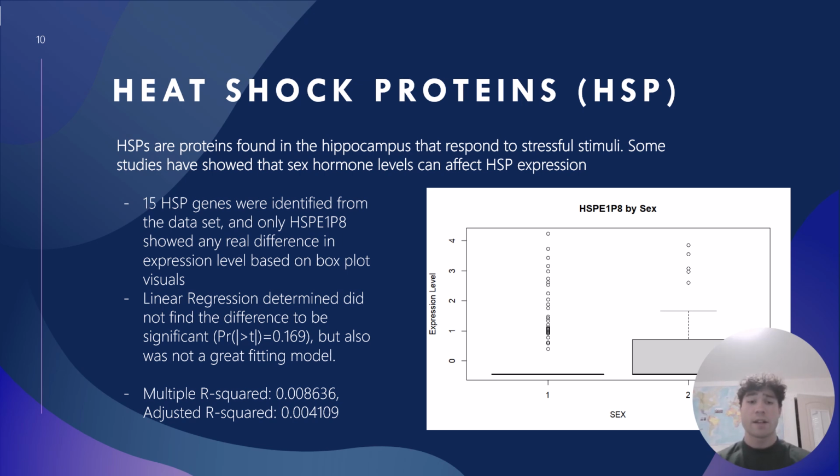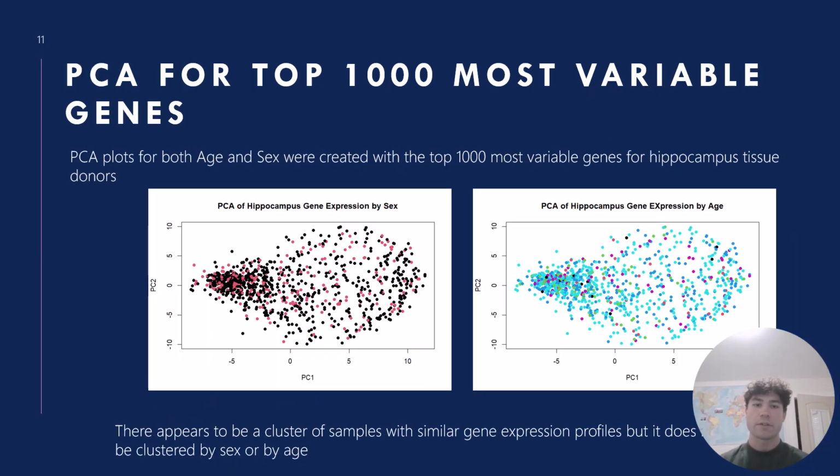I looked at 15 of these HSP genes, and the only one that showed any kind of visual difference in the box plots was this HSPE1P8. You can see the box plot there. I ran linear regression on this one. It didn't determine it to be significant, and it was also not a super great fitting model.